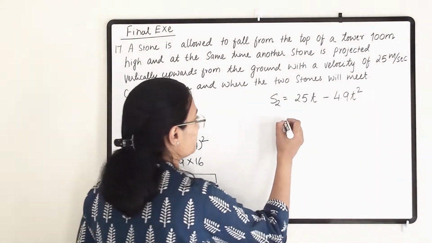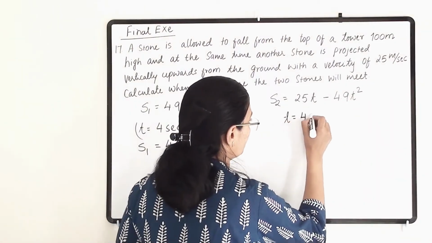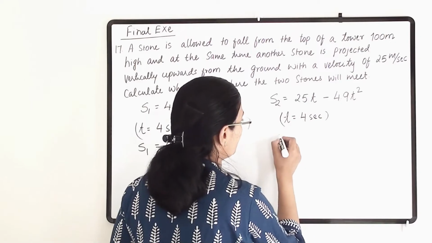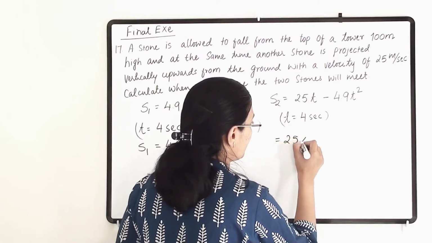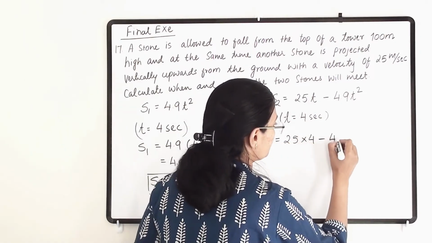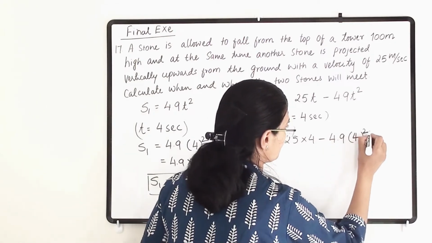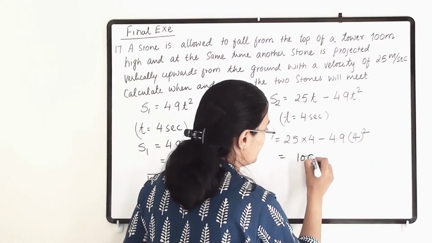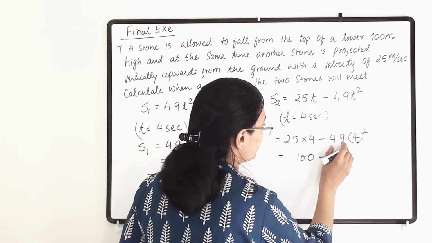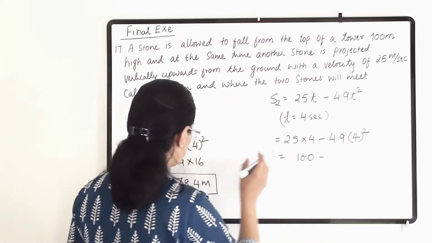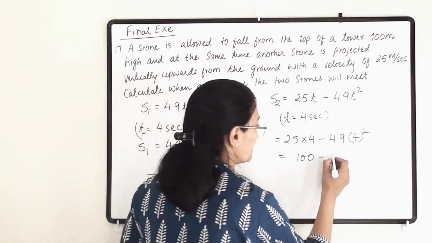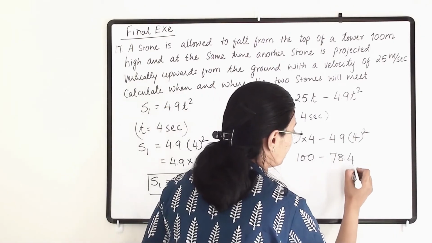The same thing, we are substituting t equals to 4 seconds in this equation. So we will get 25 into 4 minus 4.9 in multiplication with 4 square. So here 100 minus, we will get 4.9 into 16. So we got here 78.4.